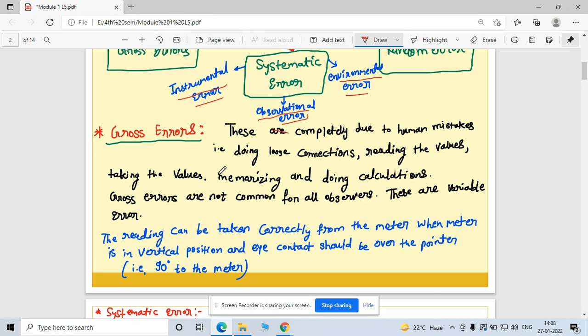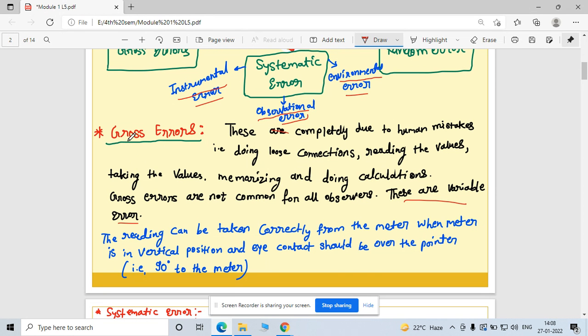This is not a constant error, because it depends on the person. So you can say that gross error is nothing but a variable error, and it depends on the person.